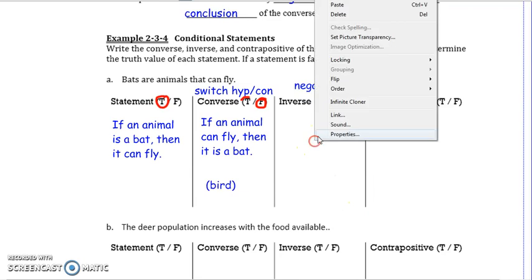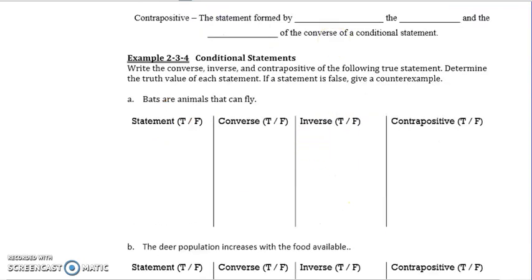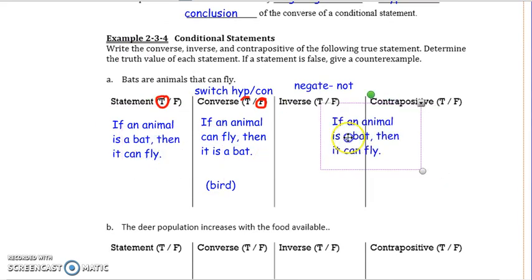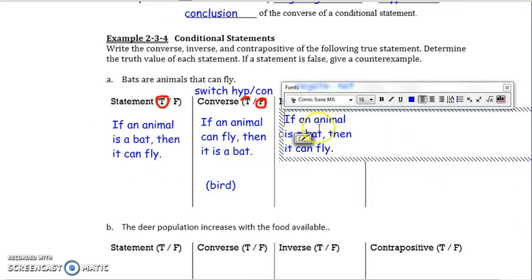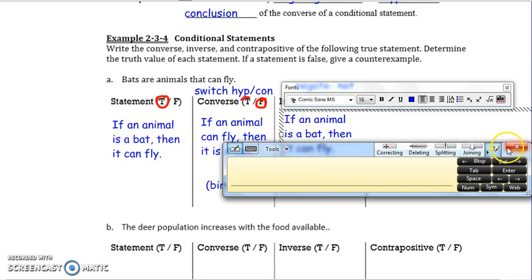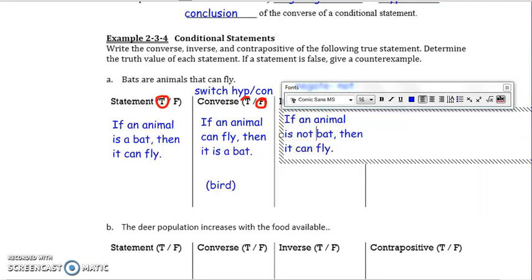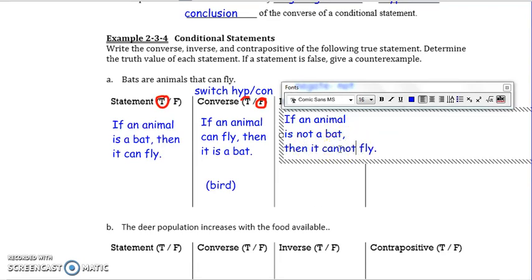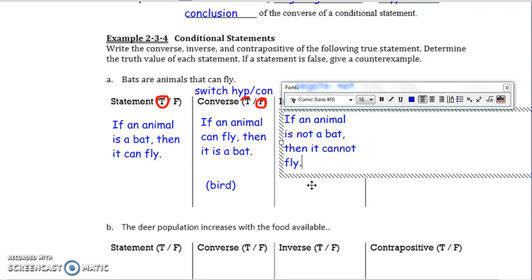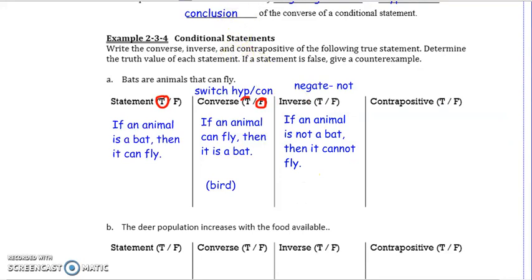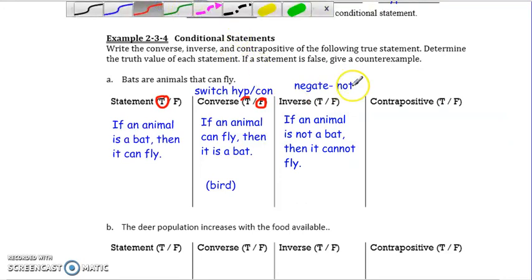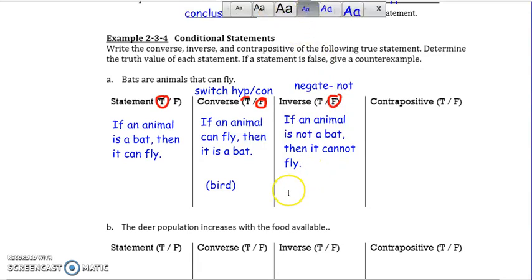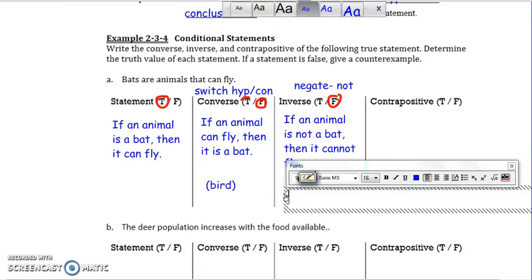So if an animal is not a bat, then it cannot fly, because we say not for both. And that is false, because again, we can have an animal that's a bird, and that is not a bat, and it can fly.